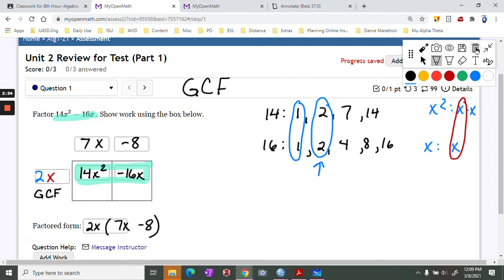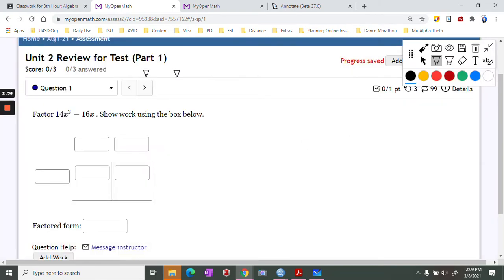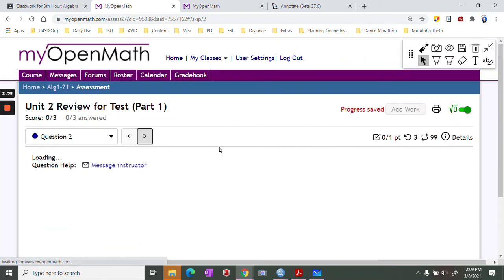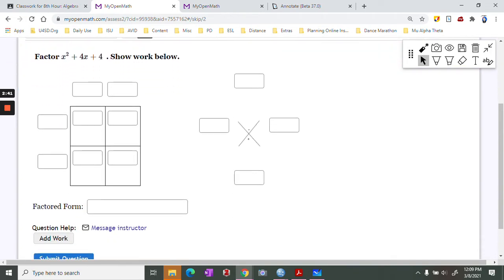Now let's look at question 2. Question 2 is factor. Okay, so remember, in our area model and in our diamond, this top left corner and bottom right corner together give us the product.